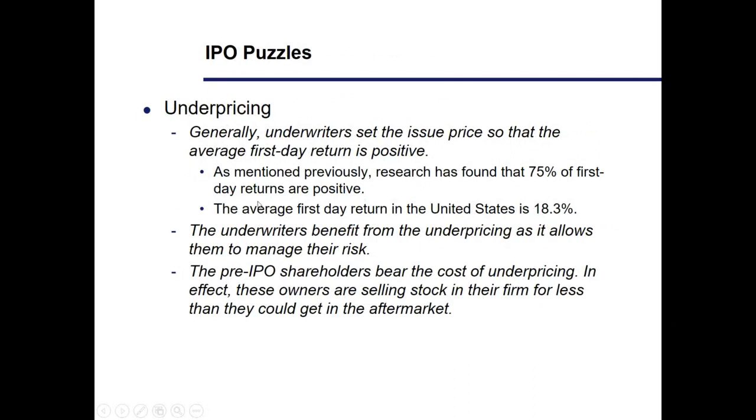The underwriter benefits from this underpricing, but the pre-IPO shareholder bears the cost of underpricing. The average first day return in the US is 18.3%, and the average underpricing in China or in emerging markets is even bigger than for IPOs in the US.